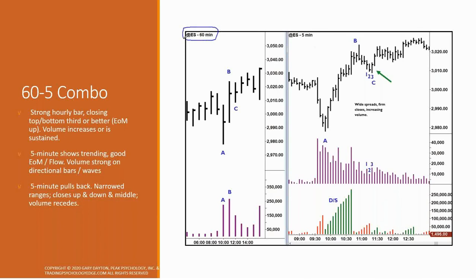So the 60-minute is on the left-hand side and the 5 minutes on the right-hand side. We plummet down to A and then rally back up, right? On the hourly bars, we have nice ease of movement up, good flow to the upside.